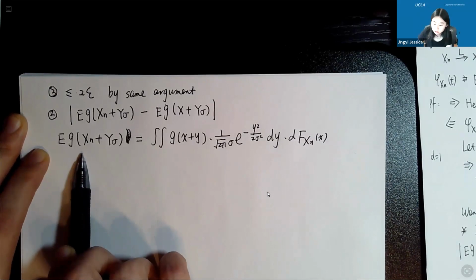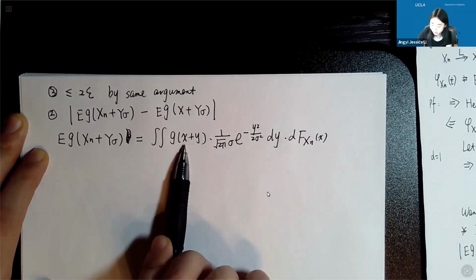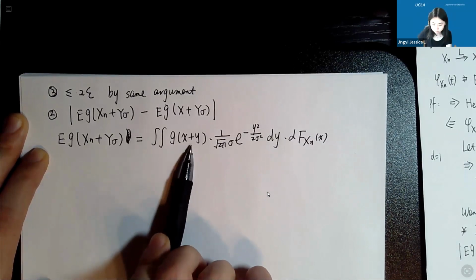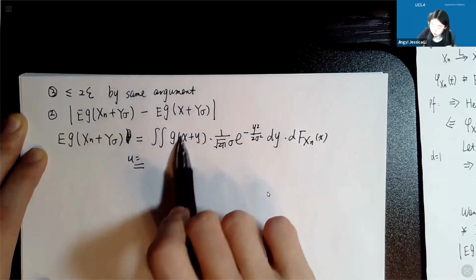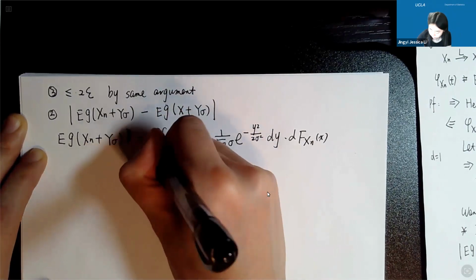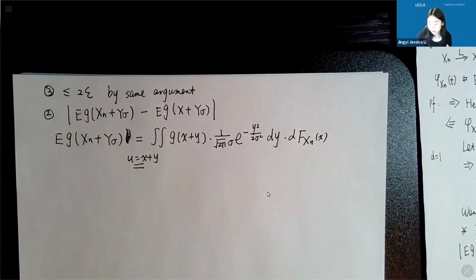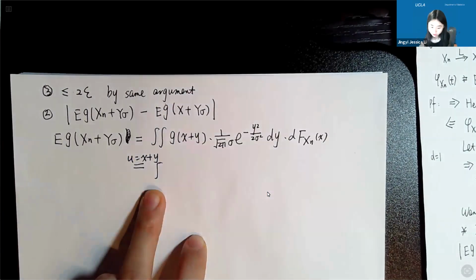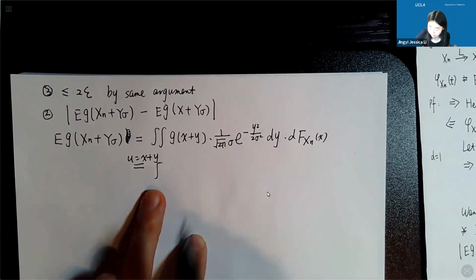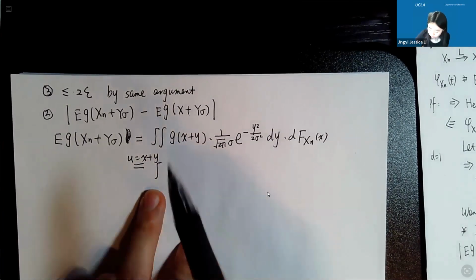First thing we will do is a change of variable. We will change the variables from x, y to x, u, defining u as x plus y. You see, I still have two variables, x and u, and they are in one-to-one mapping with x and y. With this, the integration can be written with u and x, and g(u) has nothing to do with x, so I can take it out.